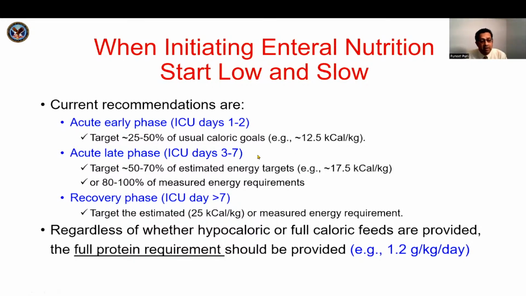In the acute but late phase, which is ICU days 3 to 7, the target would be about 50 to 70 to 80% of the estimated energy target, or about 80 to 100% of measured energy requirements. In the recovery phase, the target is estimated to be close to 25 kilocalories per kilogram or the measured energy requirement. Regardless of whether we are giving them hypocaloric or full caloric needs, there should be full protein supplementation, close to about 1.2 grams per kilogram per day.